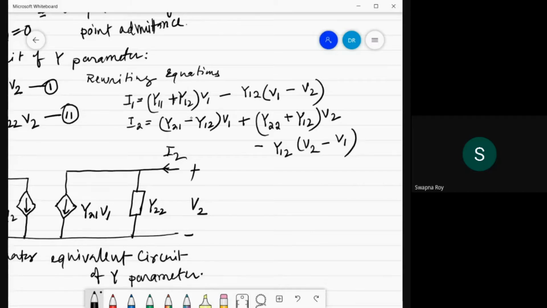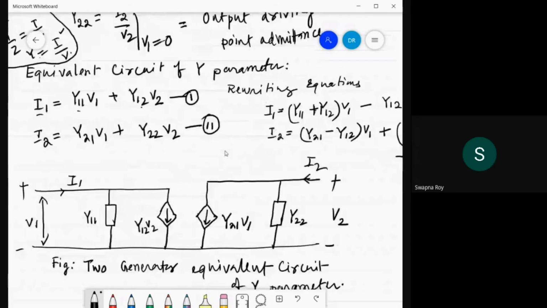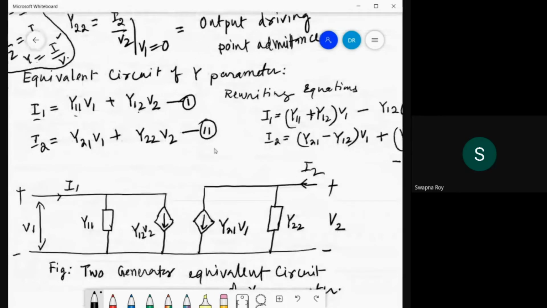So this Y12 V1 is plus and this is minus, they cancel each other. Now Y12 V2 is plus and this Y12 V2 is minus, so again it will cancel each other. So finally, we can rewrite this equation.